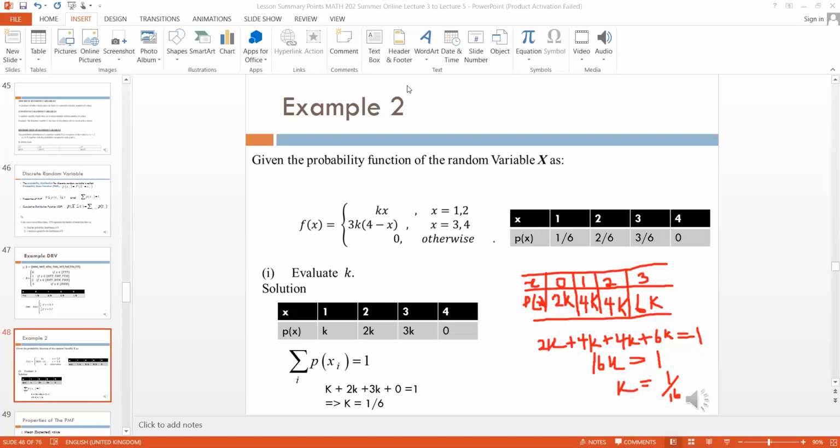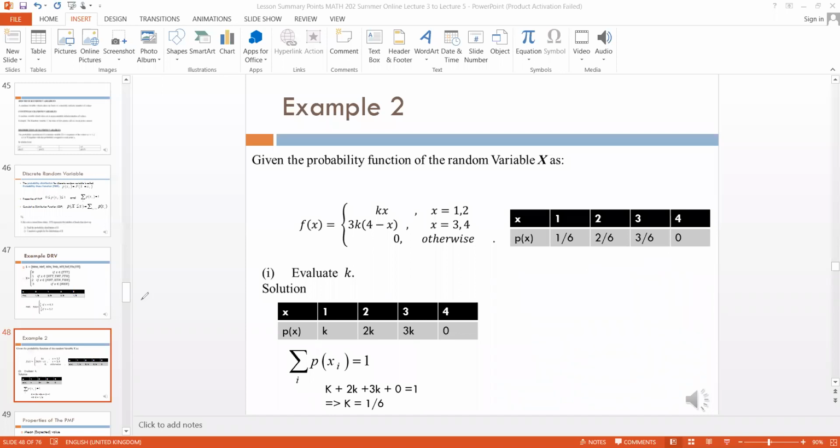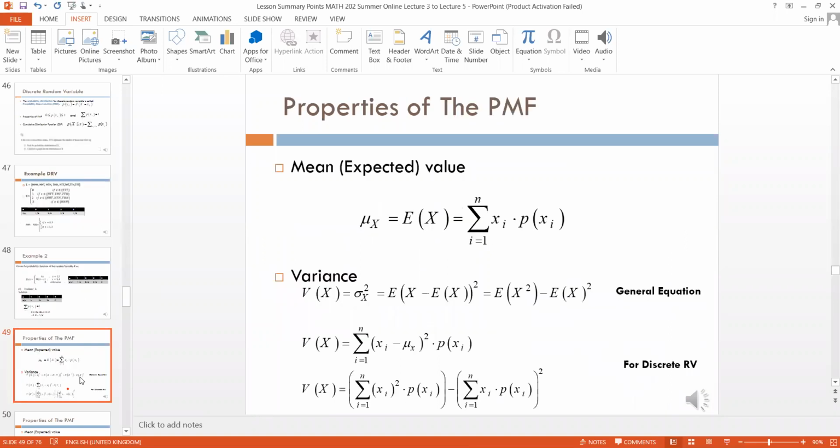With this understanding, let's move on to the next slide. The next thing we need to know is some properties. But let's do something before we move on.